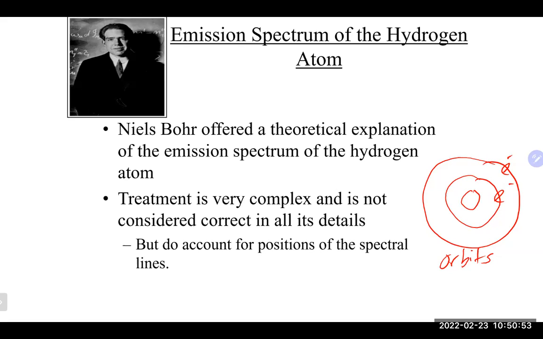We have electrons that are restricted within these orbits as they're traveling around. And his vision was that what describes those lines that we see in hydrogen is an electron traveling from one orbit to the next, making that transition and giving off that energy associated with it.